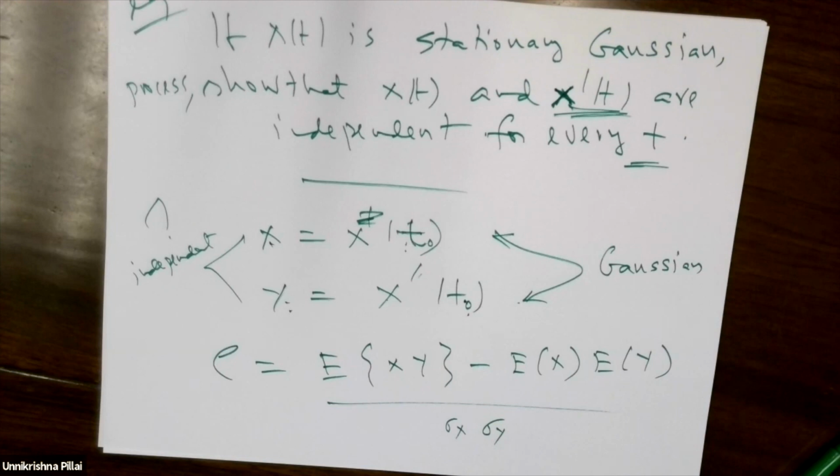The expectation of x would be a constant mu x. Why? Because it is a stationary Gaussian. Okay, so that's a constant, but the constant is not given, right?